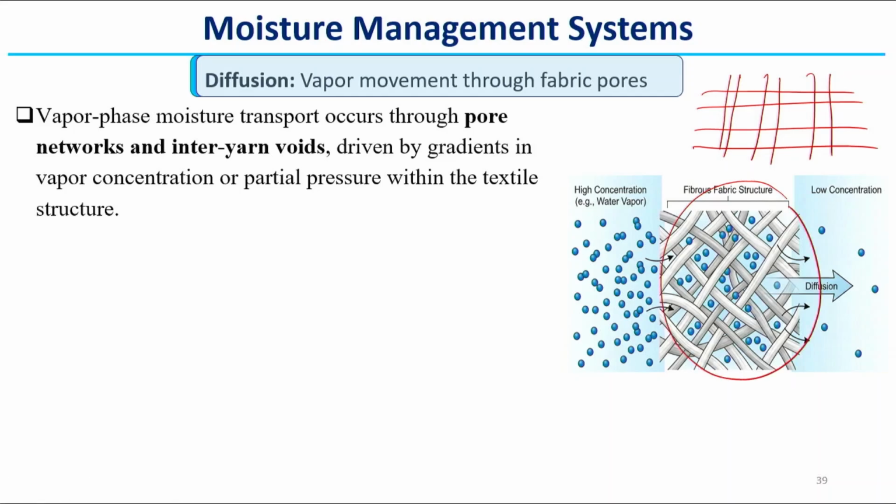In those cases where the fiber is not absorbing, within the pore, due to the high pressure, high concentration moisture vapor, due to the pressure difference, it penetrates within the structure, where it builds up the moisture vapor pressure, and then it will drive to the other surface of the fabric, and the moisture vapor gets diffused to the other side from our skin.